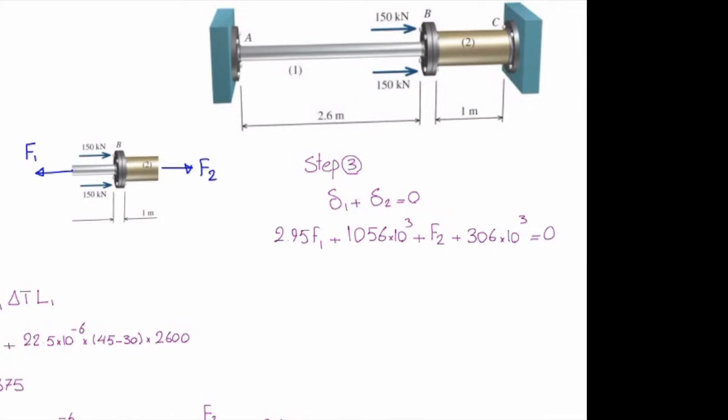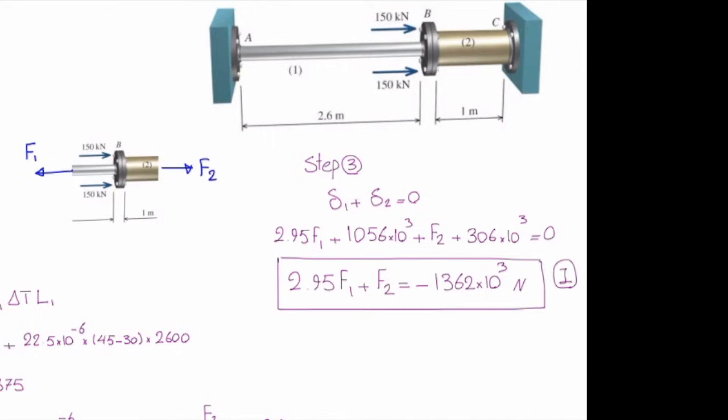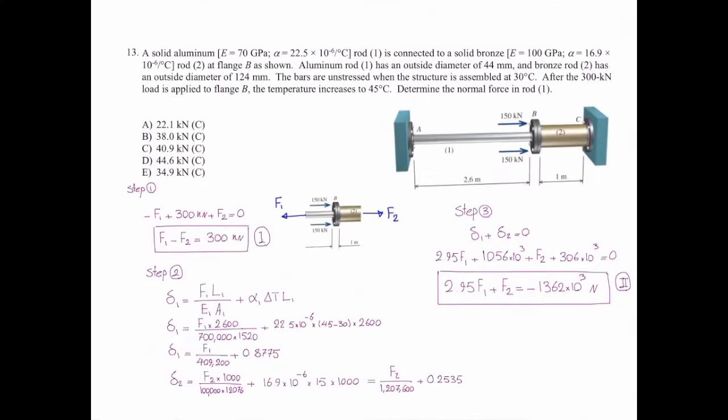If I simplify that, that gives me 2.95 F1 plus F2 would be equal to, okay, so that would be the second equation here. And I'm going to combine that with the first equation to solve how much is F1 and F2. I'm looking for something which is wrong here because what I get is not the correct answer. So probably that is one thing that I missed.